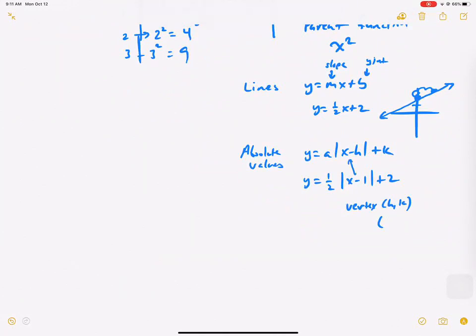So h is 1 and k has to be 2. And we have our a value as 1/2, which is essentially our slope of the line. I'm going to graph this on my left. So at 1, 2, we can graph the slope up 1 over 2 spaces. And that was our slope to our right. Remember, absolute value graphs were also V graphs. So if I go up 1 to the right, I'm going to go 2 to the left now. 1, 2.